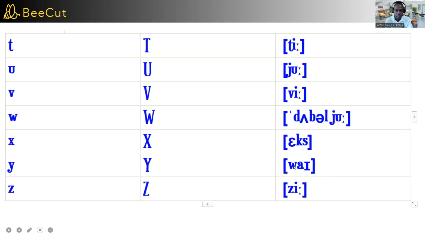Then Z. In some dialects we say Zed, not Zee. So that is it. Those are the 26 letters and how to actually pronounce them.